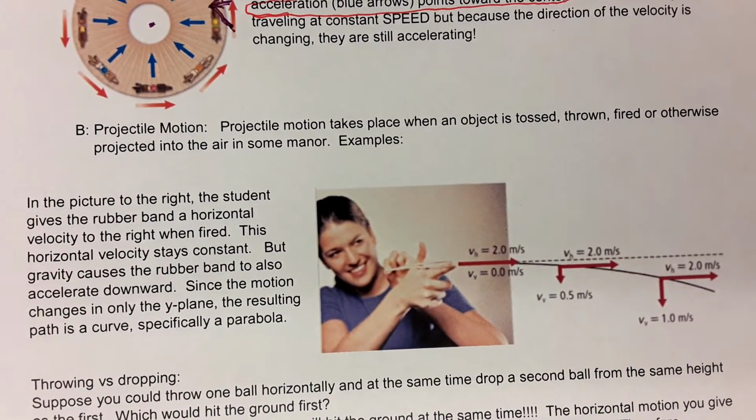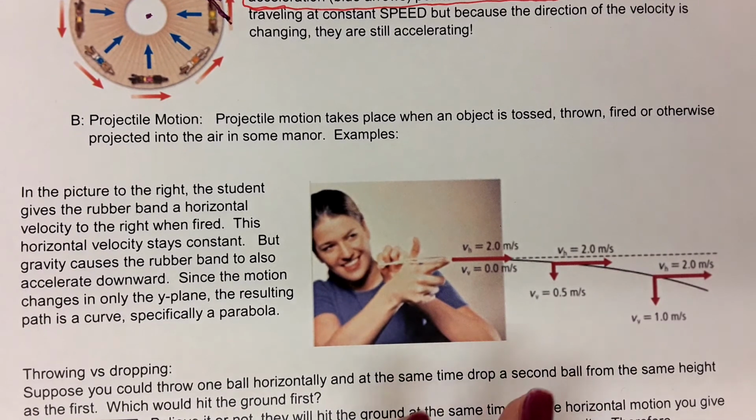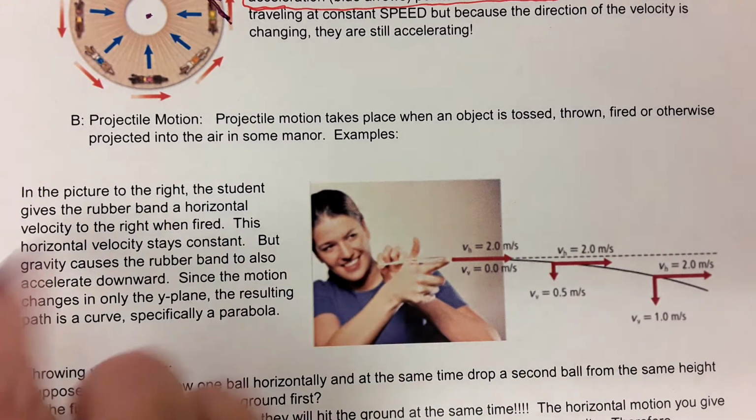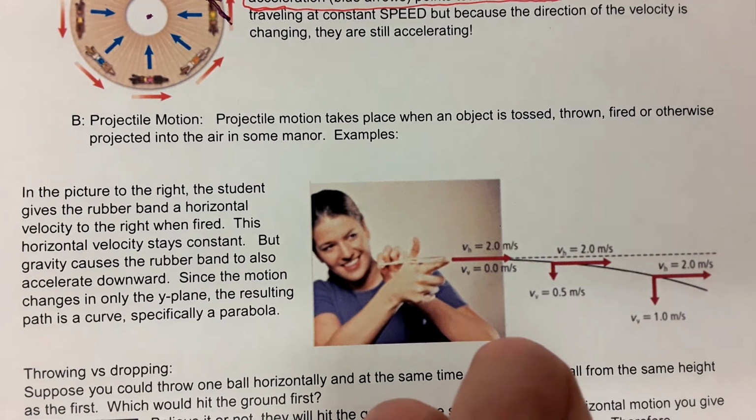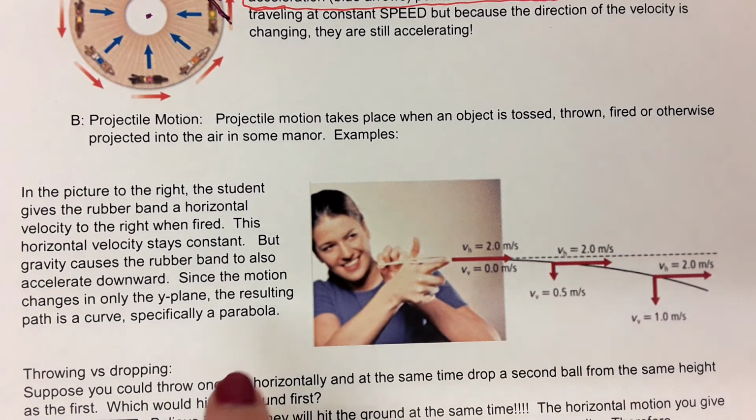Now let's look at another motion, projectile motion. A projectile is an object that you somehow toss or throw or fire or otherwise project into the air in some manner. For example, we have a girl there who's shooting a rubber band with her finger gun.